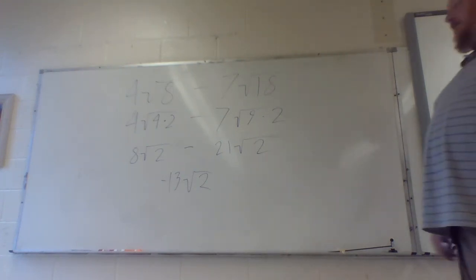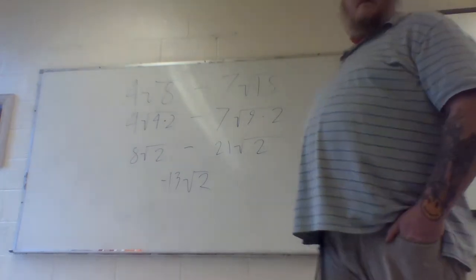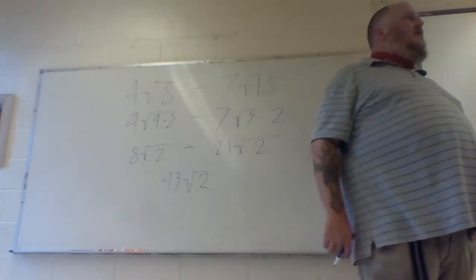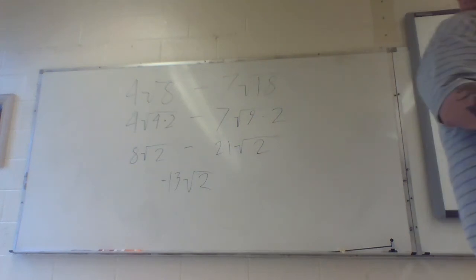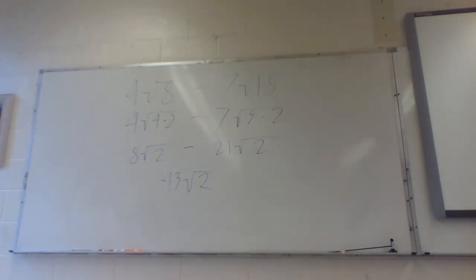Is everybody arriving at negative 13 times the square root of 2? What about you? See what you did. I missed that. Okay. Let's see, 4 times 2, 9 times 2, so that's right.